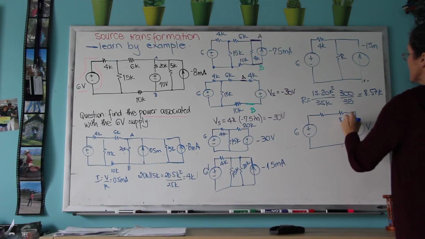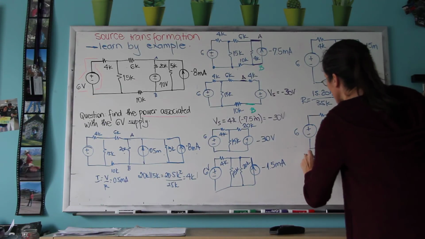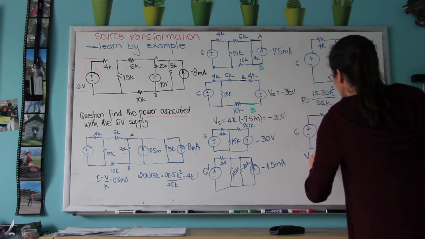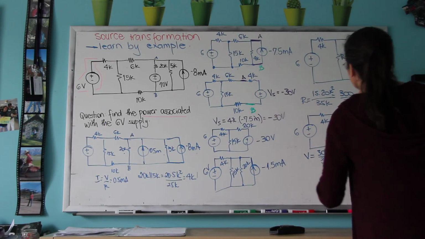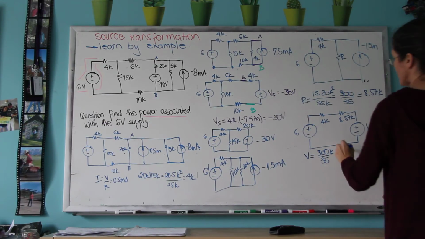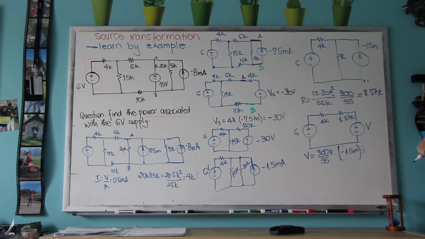This is 8.57 K, this is 4K. And now I'm interested in the current through this. And first I need to do 300 divided by 35 K times the current, which is minus 1.5 milli, equals.